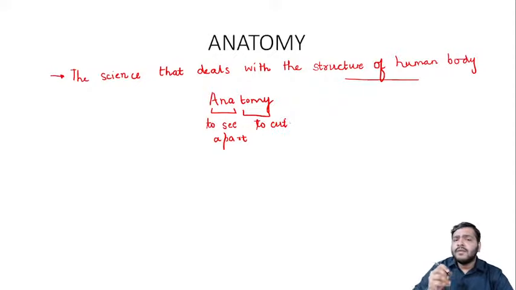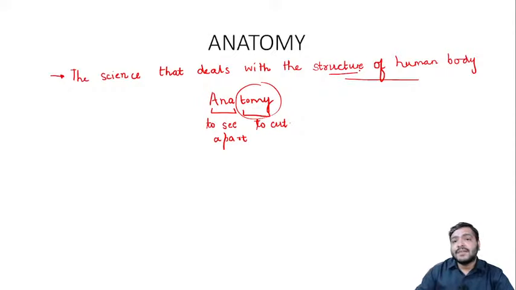Wherever we use the word tomy in the entire medicine, it means to cut, like hysterectomy, salpingectomy. So tomy means to cut, and ana means to see, to visualize a particular part of the body. And that is why it is the science that deals with the structure of the human body.